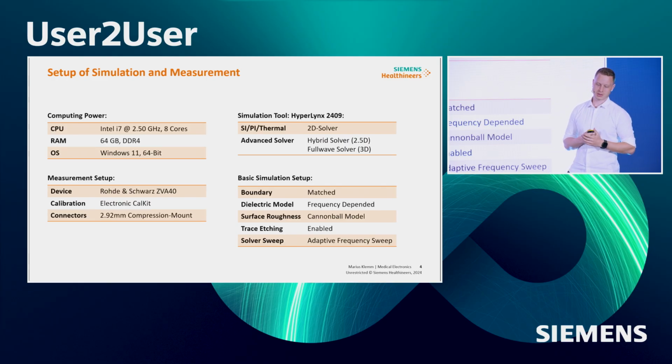For simulation tools, we're using all that HyperLynx gives us: the simple 2D solver models, the hybrid solver, and especially the full-wave solver. We're also using the entire setup, like matched boundary, frequency-dependent dielectric models, surface roughness, etching of traces, and also adaptive frequency sweeps.